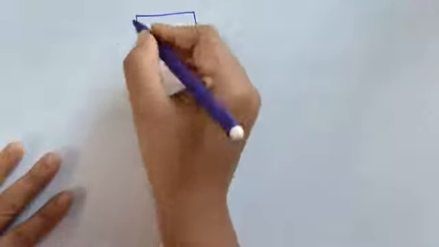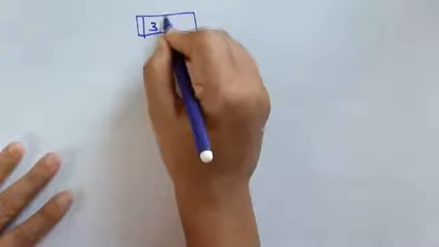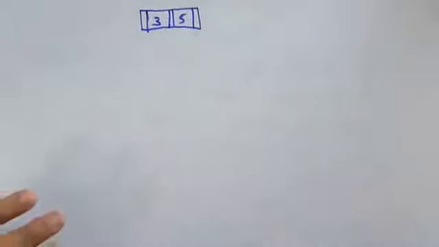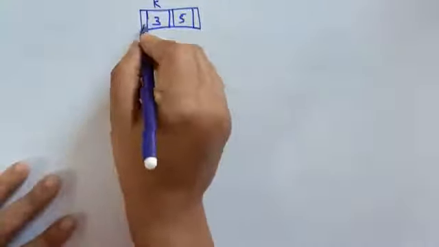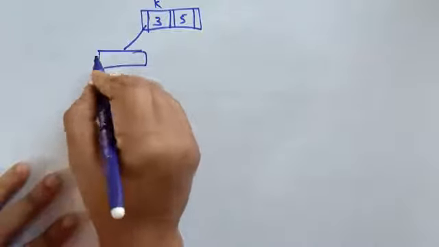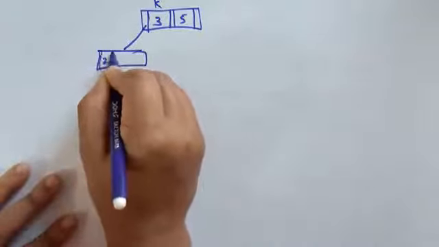Suppose this is my root node, and this is the tree. Here let me take this as the key value. Let K be a key, and 3 is the key value. On the left-hand side of the key value, let me take a 2 value to be stored.